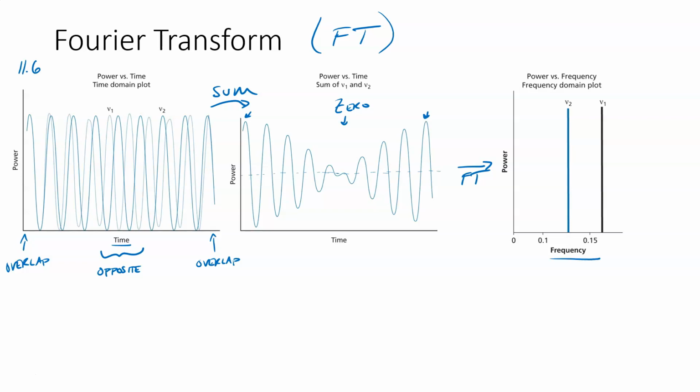And so Fourier transform takes us from this time domain into the frequency domain. It's essentially a mathematical way of taking a curve and several points along that curve and figuring out what frequencies have to be used in order to make up that particular interference pattern. And so we get out the two resultant frequencies. I use the term interference pattern.